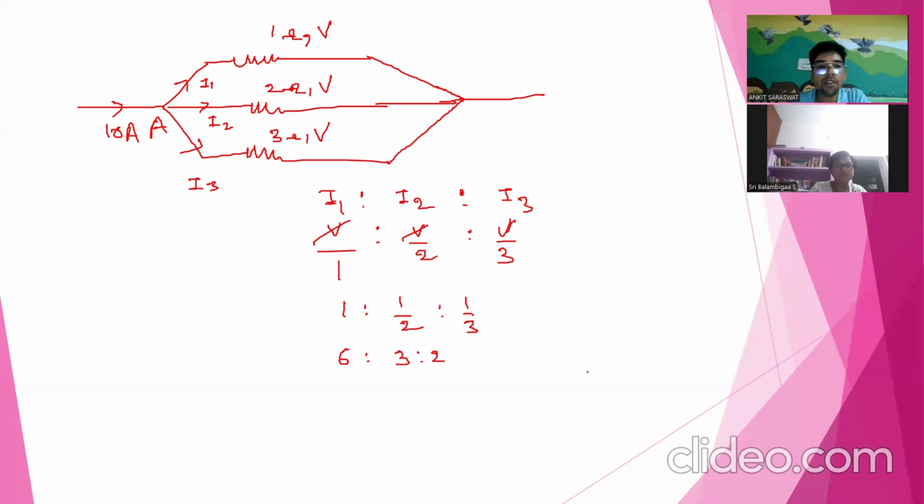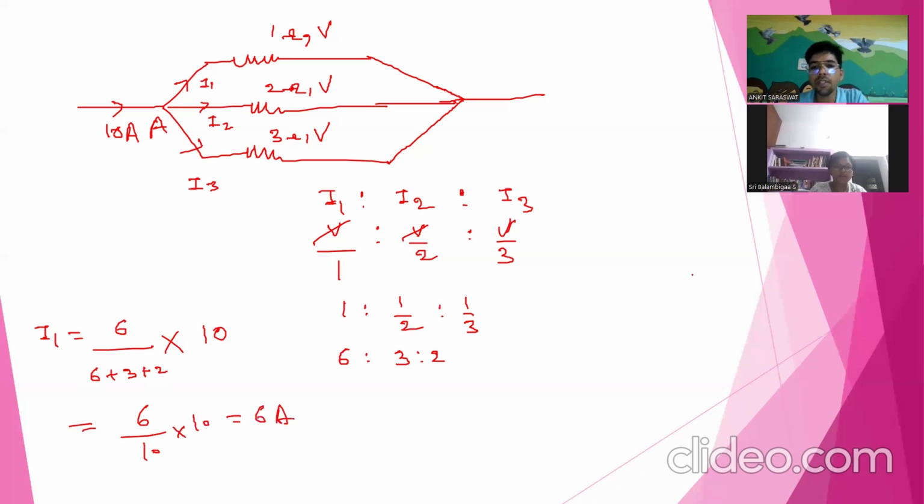Then if I ask what is the value of this I1, I1 will be 6 by total part, times the total current, 10 ampere. How much? 6 ampere.